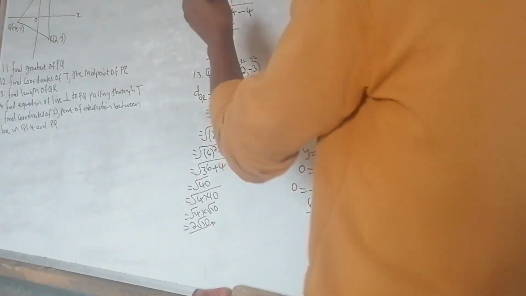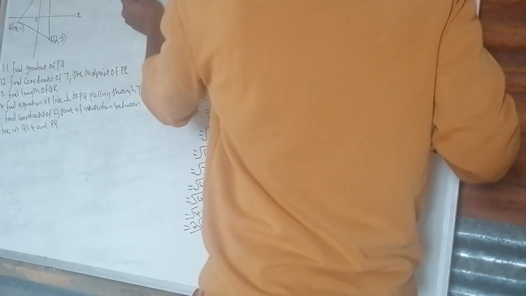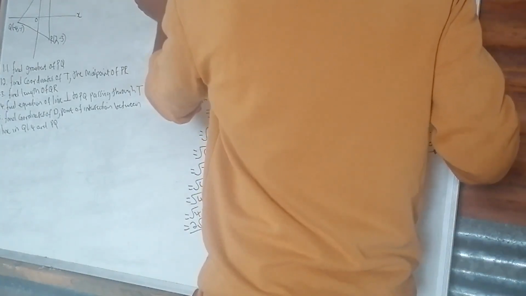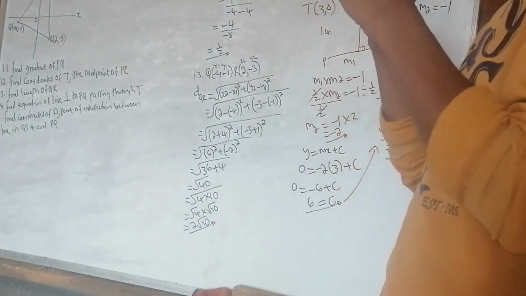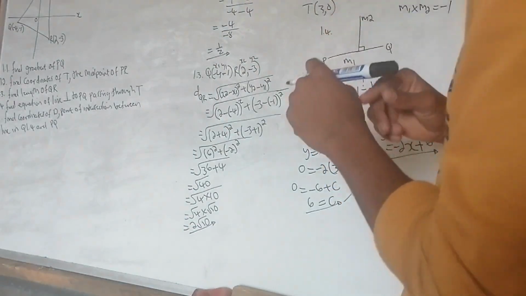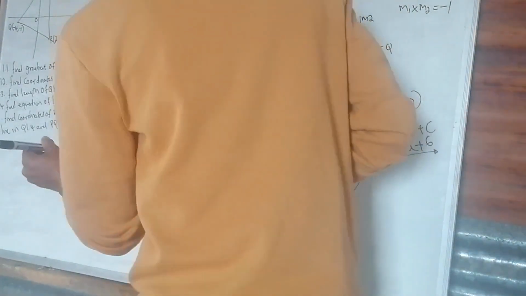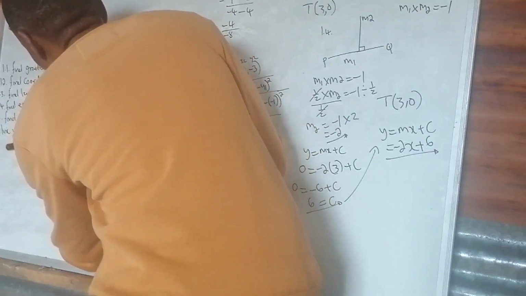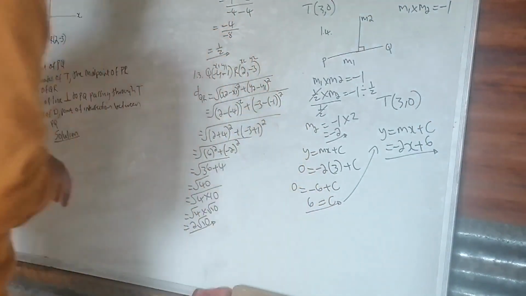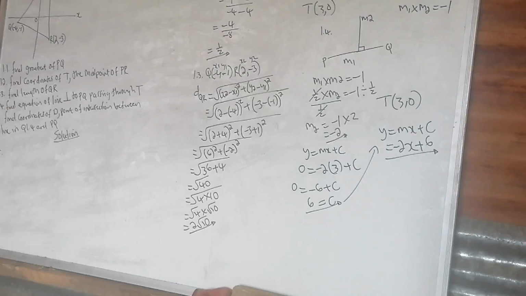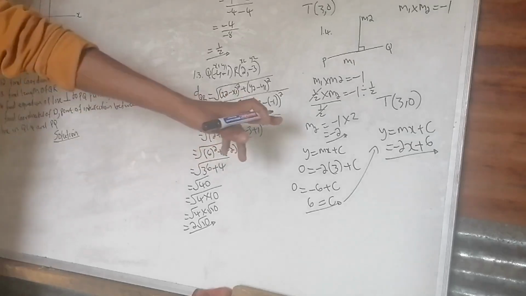You have two lines crossing one another at this point where they intersect, because at the point of intersection those two lines are equal.